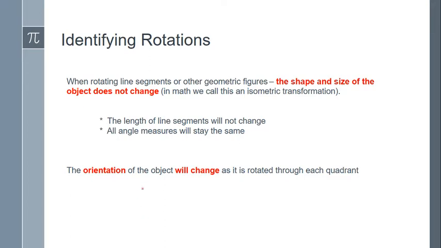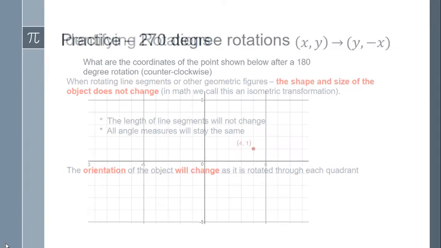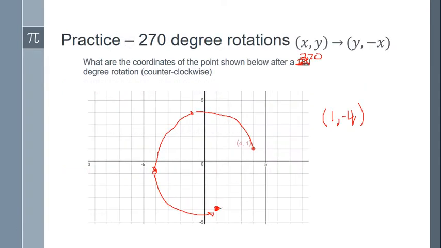You have some discussion questions about how you can identify if a rotation was done when you're moving a point. That's kind of a tricky question. Let's go back one slide and take a look at, say, this point, and say this point ended up here. This is the result in this case of a 270-degree rotation. But it also could be the result of me shifting the point down and then left.